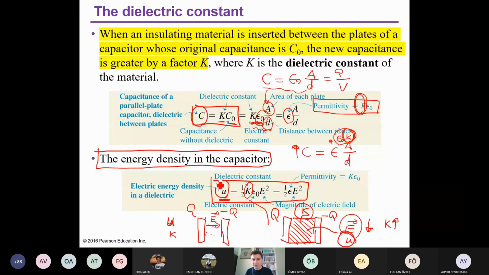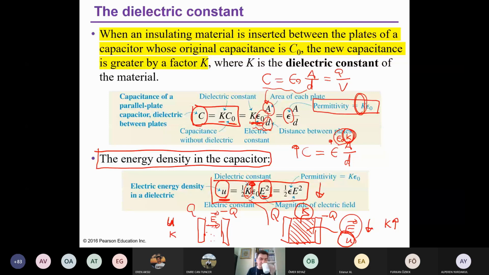K is increased after inserting the dielectric, but the electric field is decreased, and if I take the square of E, it decreases even more. Then finally, the electric energy density in a dielectric will be smaller than in the case when we have vacuum between the plates. I hope this part is clear. If not, please let me know.